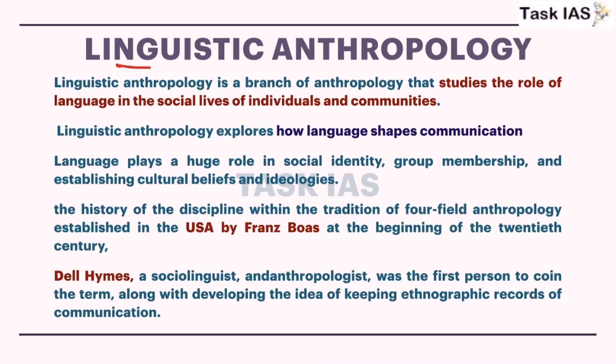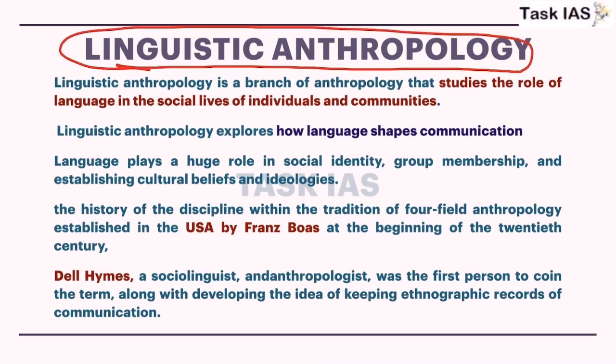Now, linguistic anthropology. I have covered those terms also which are not mentioned directly in the syllabus but which are important to understand this topic. Linguistic anthropology we covered earlier when we discussed the 4 branches of anthropology. Linguistic anthropology originated from the American division of the 4 branches of anthropology, given by Franz Boas.